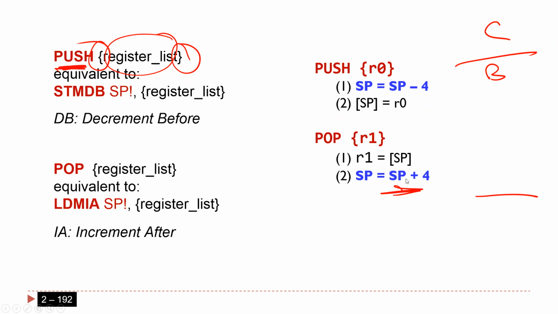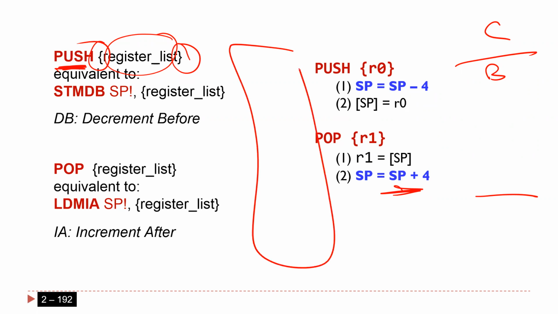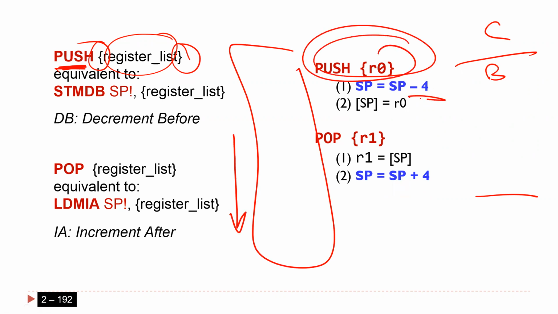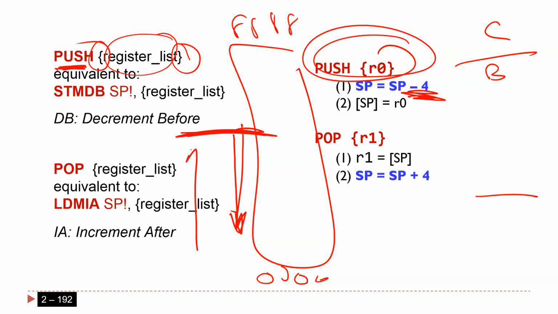Is that okay? That is how the stack pointer is going to grow. Every time I add something to the stack, you decrement. Here is the lowest address 0, 0, and this is the highest address FFF. So if I start from here, I'm going to grow this way, and then it's going to shrink this way. Every time you pop, you shrink.